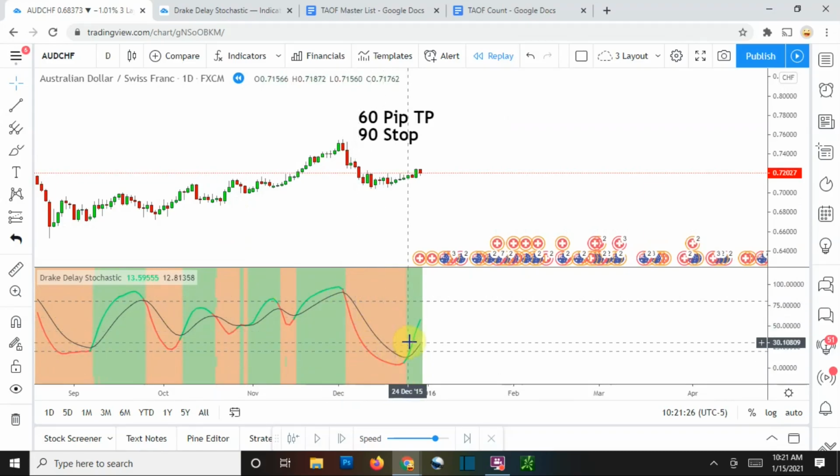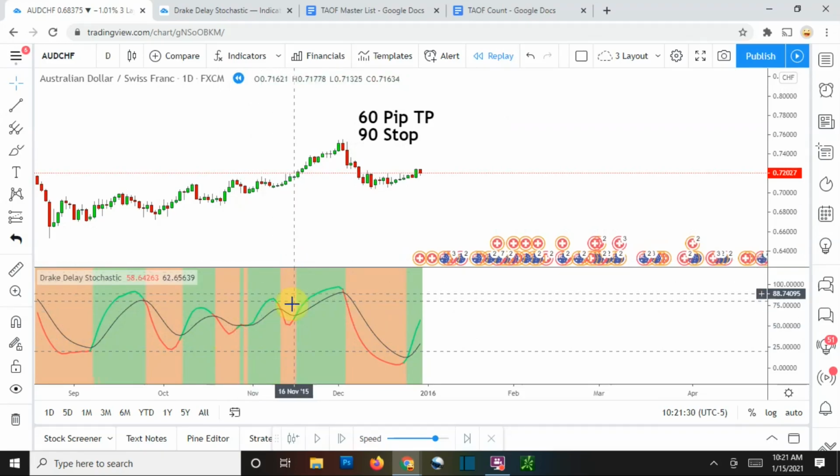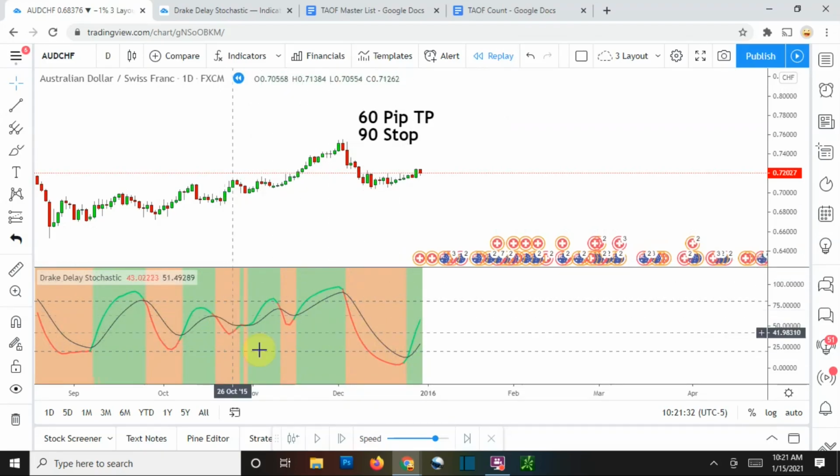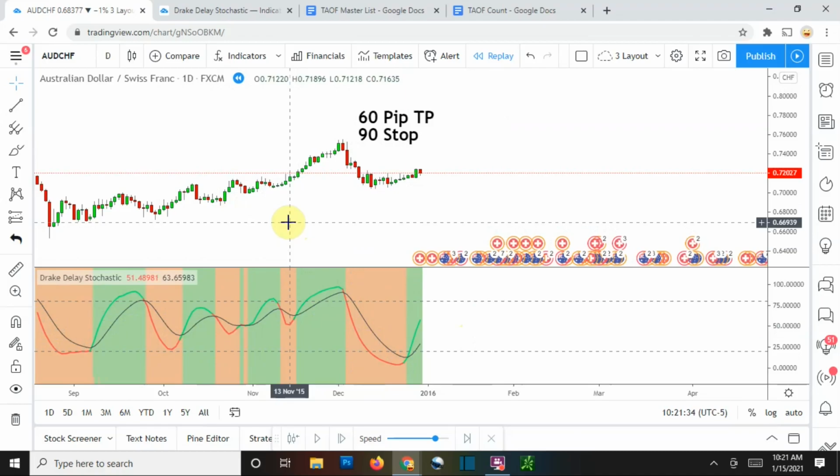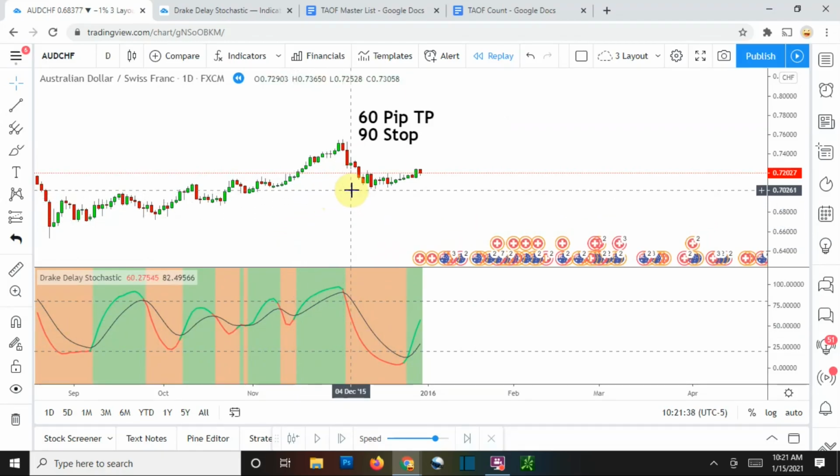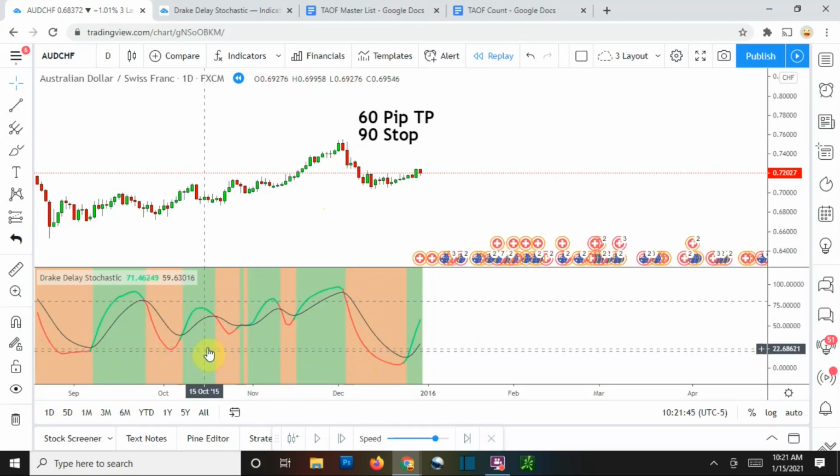I mean, you can see where the background is changing from green to red and then back to green. And that's how we are going to test it in this first video here. So when the background goes to red, we are going to go short.